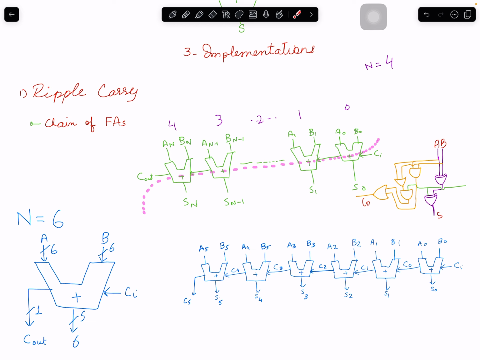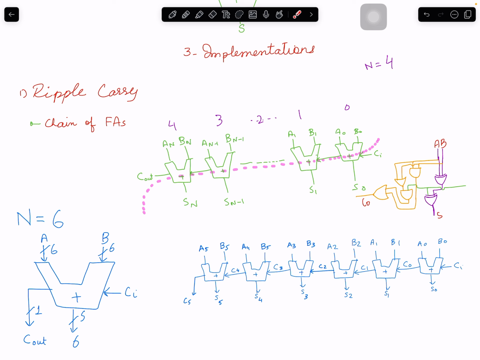We look at the structure of a single bit full adder like this, where you have carry in coming here, carry out going there, A and B come here, and the sum is here. You will see in a lot of literature this block diagram is a little different.